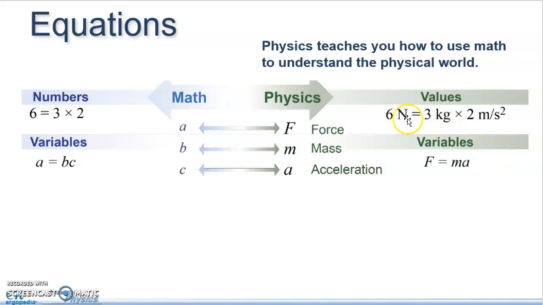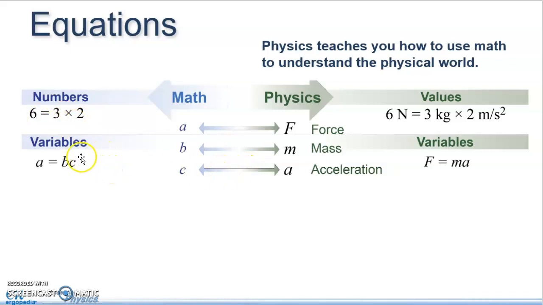So it is important for you to understand that when you see units after numbers, those identify the amount of something so that you can compare it with some kind of external standard. Because otherwise we could simply ask the question, well, 3 what, and 2 what, and 6 what?